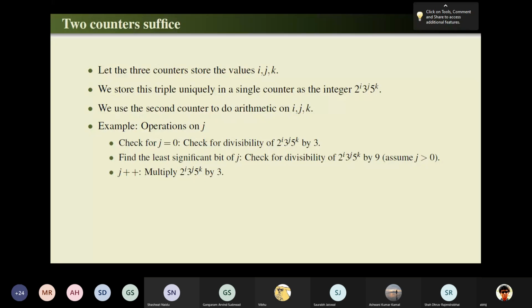How do I check it then? Okay, so I see. So that's fine. Actually, how do I find the least significant bit?